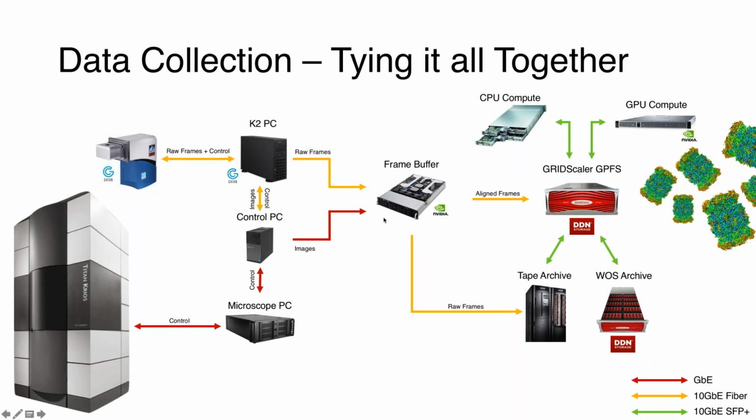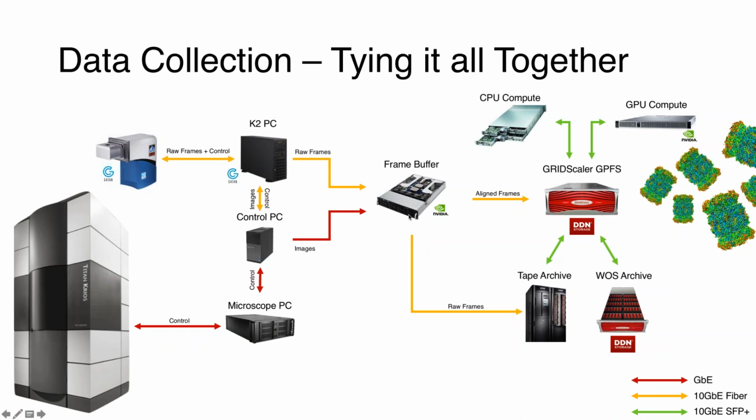They send data downstream into our frame buffer systems where the frames are aligned with NVIDIA GPUs, obviously, and sent downstream to our GridScaler system from DDN. This is where we do the majority of our processing. This system interfaces with GPU compute and CPU compute seamlessly. We've got tons of nodes at TSRI, crunching away, constantly spitting out structures.